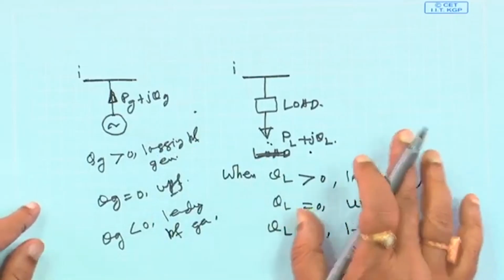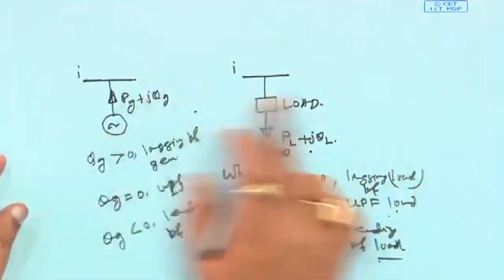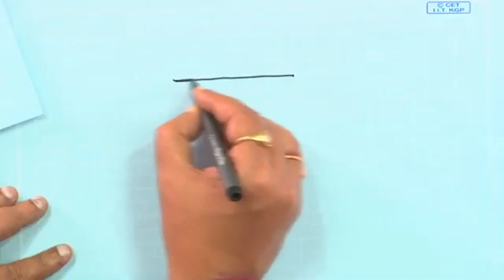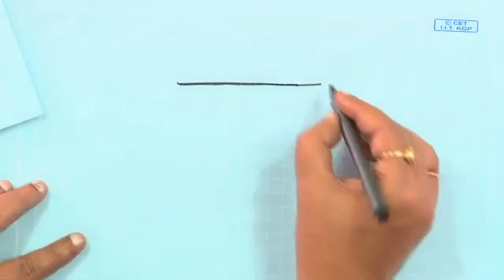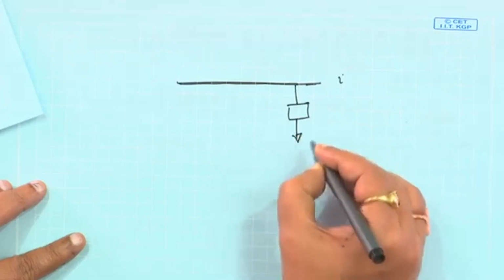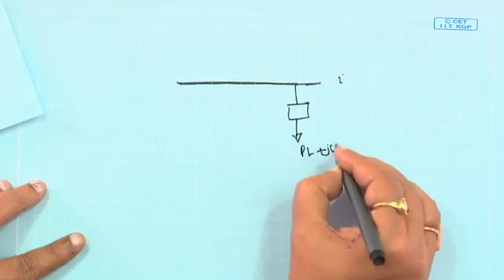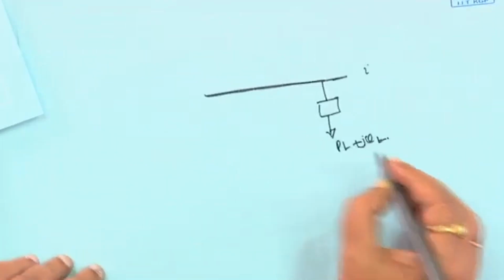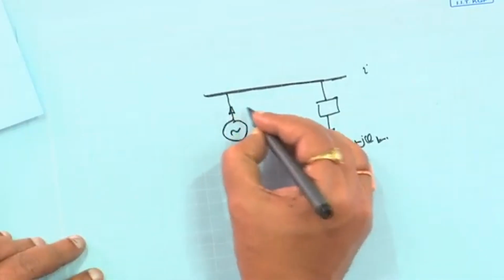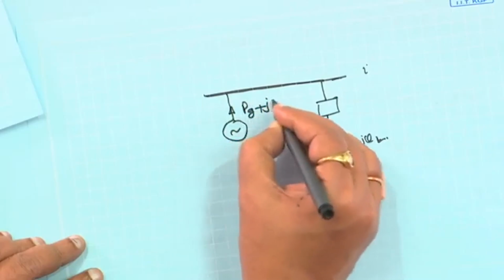Now suppose you have a common node where load and generation both are present. Say this is your bus bar, bus i, this is your load PL plus jQL, and on the same bus bar generation is connected, PG plus jQG.